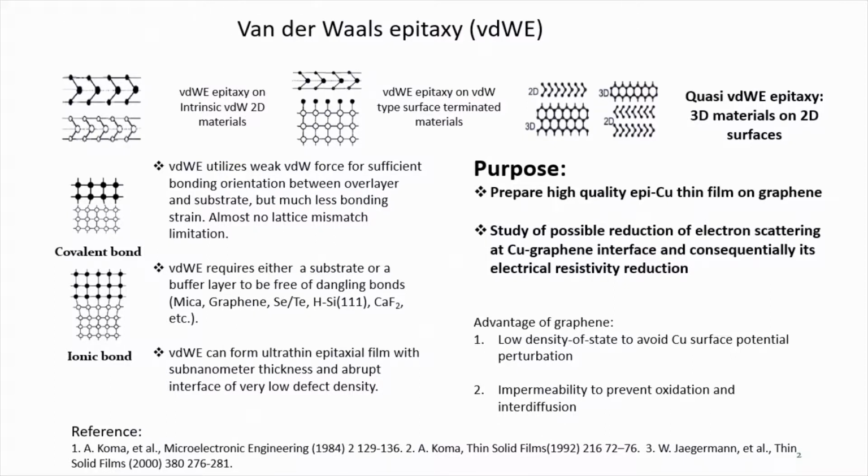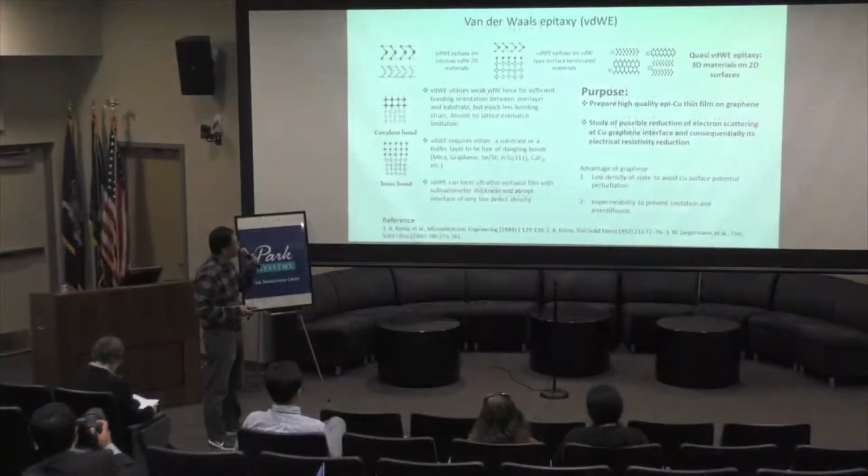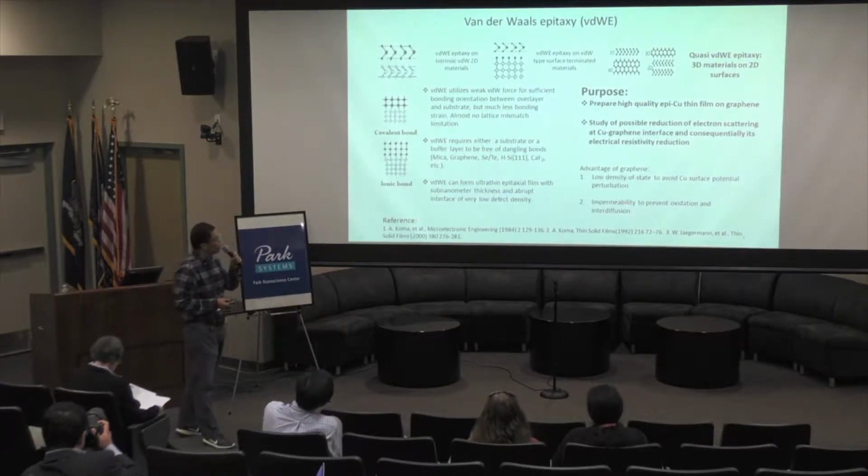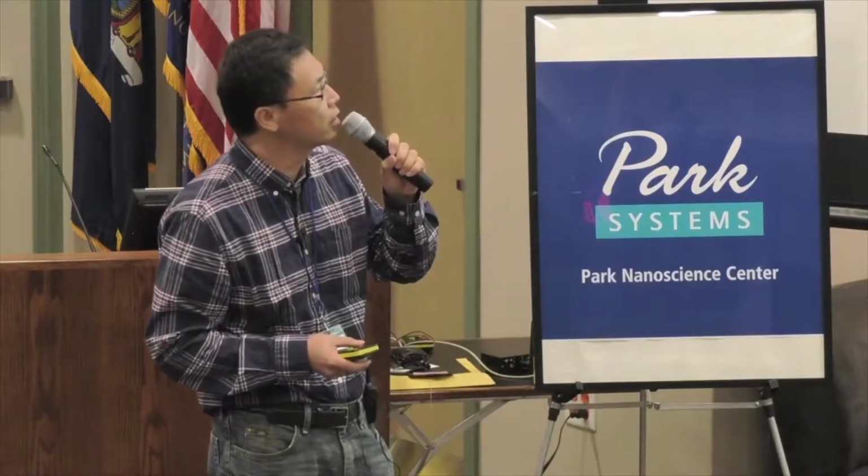So basically, the epitaxy can relax the lattice mismatch requirement compared to the epitaxy caused by covalent bonding and ionic bonding. So the van der Waals epitaxy can form ultra-thin epitaxial films with even sub-nanometer thickness and has an abrupt interface with very low defect densities.